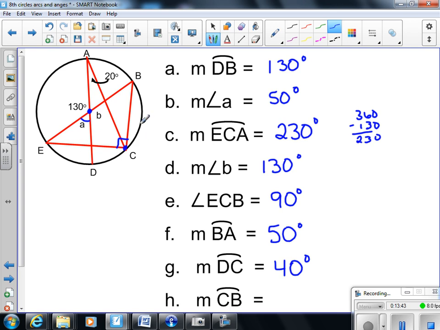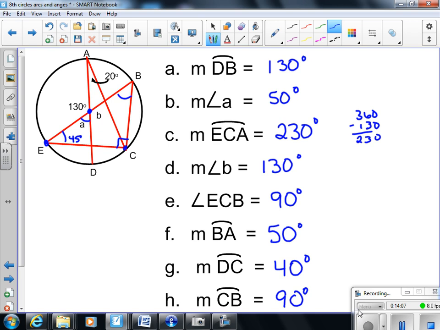How do I get that? Okay, here's your inscribed angle. If we know that this is a right angle and this is 180, then these must be exactly the same, or 45 degrees. Therefore, the measure of that arc would be 90 degrees.